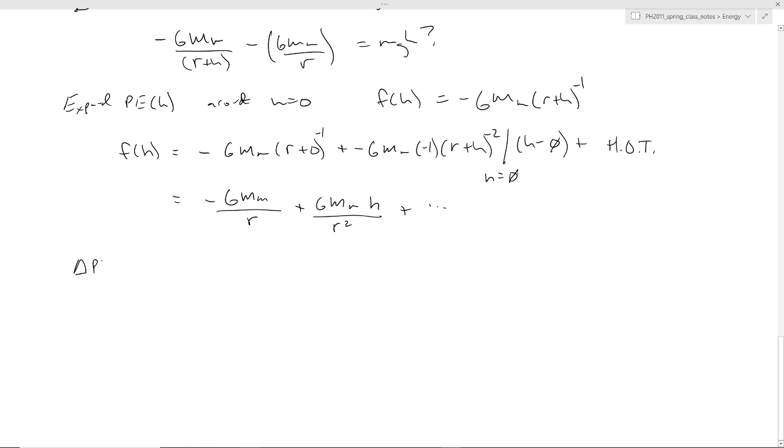Now, if we look at the change in potential energy, what do we have? Well, let's add these together. So we have negative GMm over r plus GMm h over r squared plus dot dot dot, minus the initial, which would be minus GMm over r.